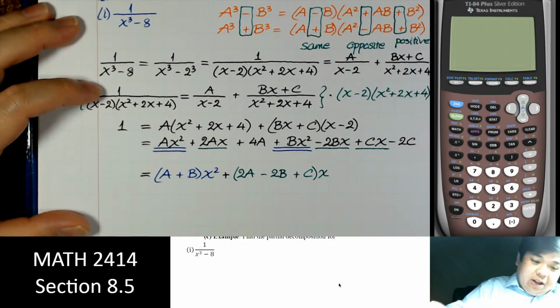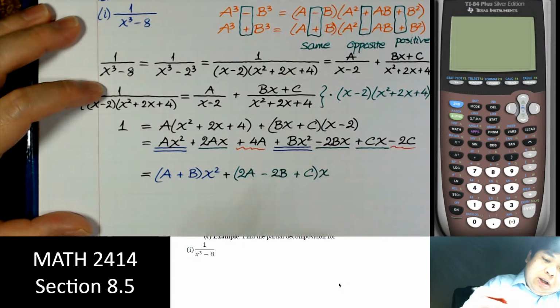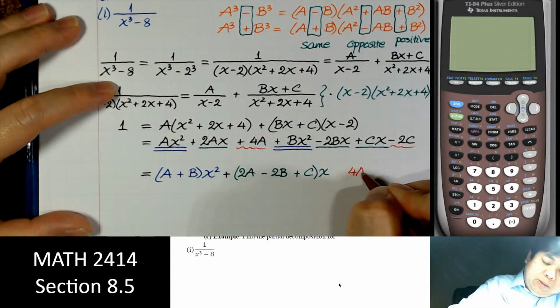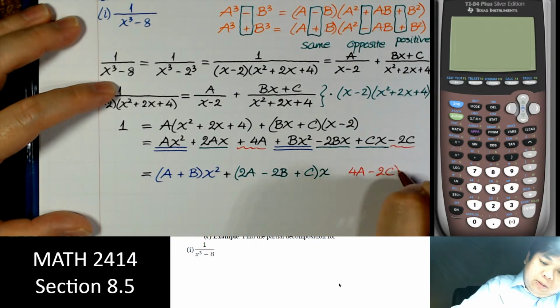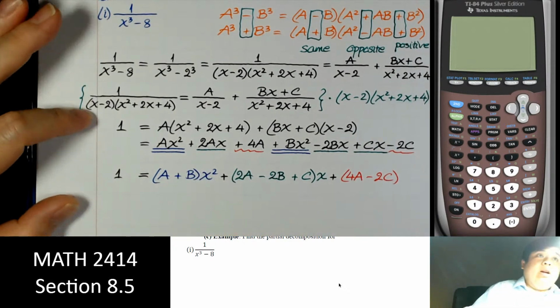And then what's left is those constants. On the left hand side, we still have 1.